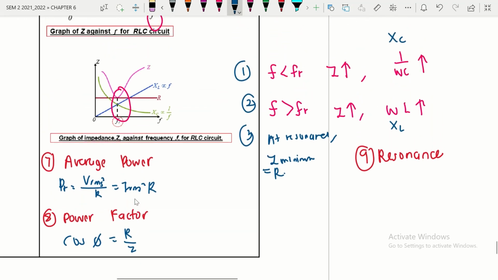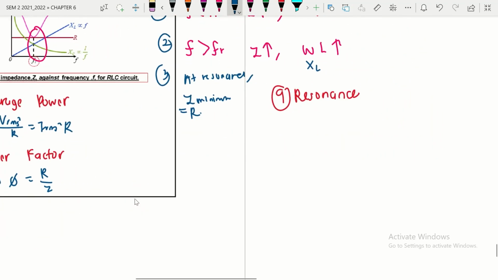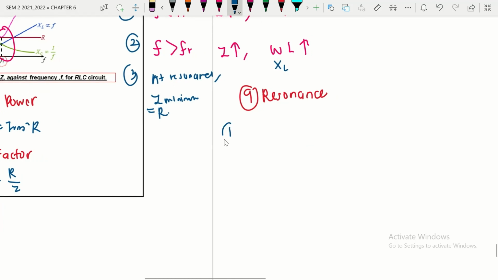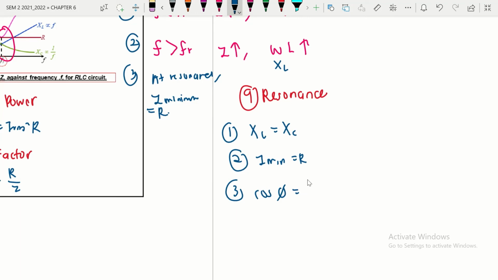Okay, tapi untuk case ni kita ada tambahan resonance lah. So, we have the cases lah. The first one is your inductive reactance sama dengan capacitive reactance. Yang kedua, Z minimum you sama dengan R you. Yang ketiga adalah you punya power factor sama dengan 1.